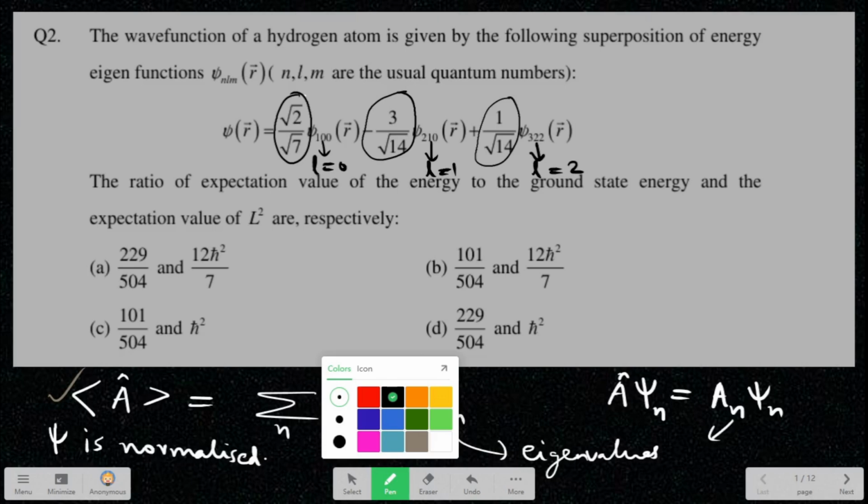So from the first term the eigenvalue is L into L plus 1 h bar square, which is 0 into 0 plus 1 h bar square, which is 0, and from the second 1 into 1 plus 1 h bar square, which is 2 h bar square, and from the third it is 2 into 2 plus 1 h bar square, which is 6 h bar square. So these are the eigenvalues of L square from each term.